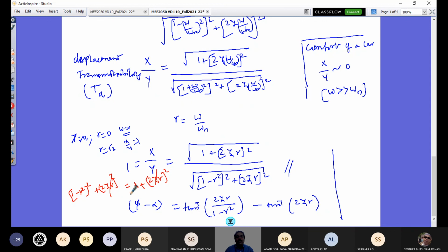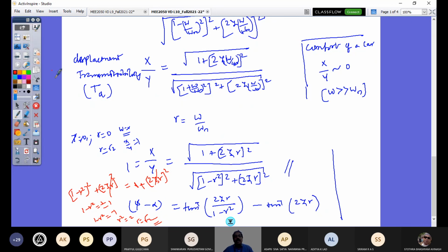So this goes off, and 1 minus r squared is equal to plus or minus 1. Let me take the minus 1 value here, so r squared is equal to 2, so r is equal to root 2. So when r is equal to root 2, this value again is 1. That is very clear.